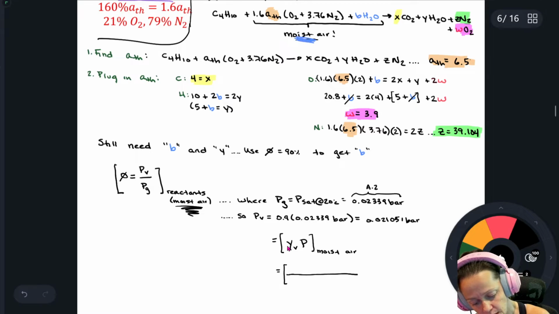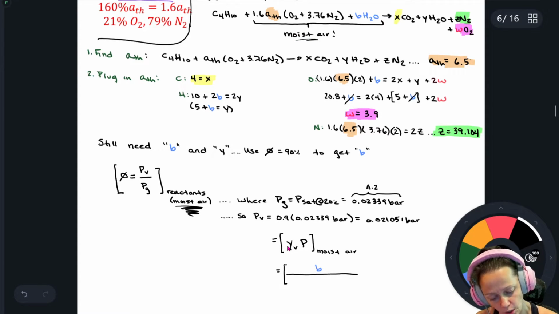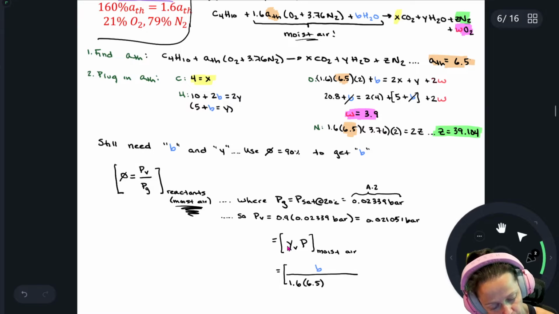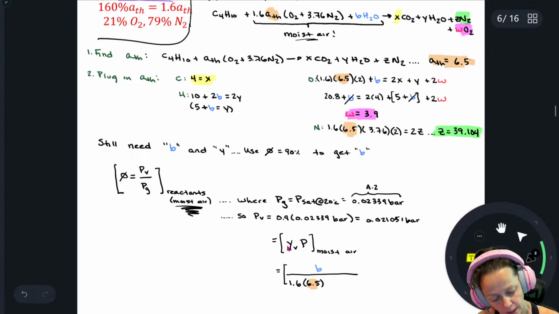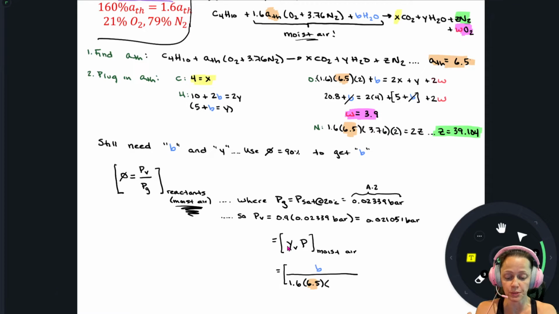in that moist air, is going to be B over, and I have 1.6 times theoretical air, 6.5 times O2 plus 3.76 nitrogen.